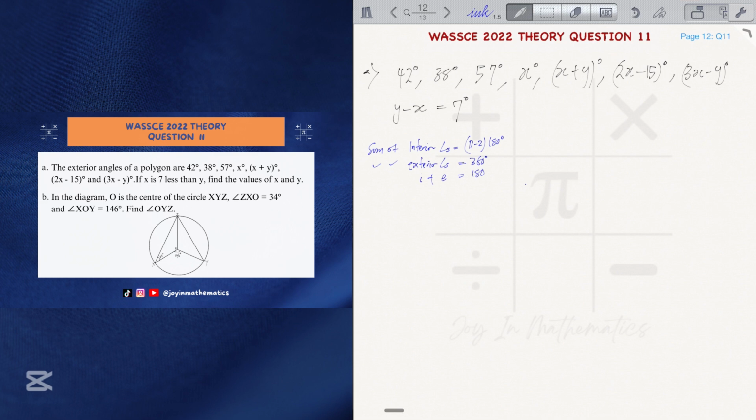Now the sum of exterior angles is 360 degrees, and all these are the exterior angles of a polygon.